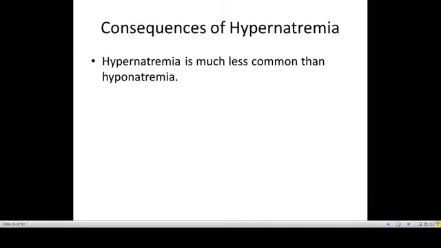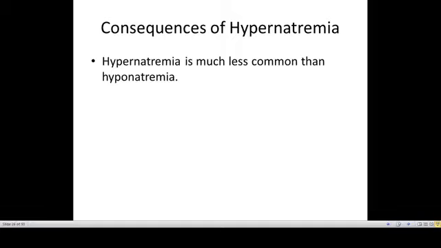Hypernatremia is also much less common than hyponatremia because hypernatremia promotes thirst and stimulates secretion of antidiuretic hormone, which protects against hypernatremia.